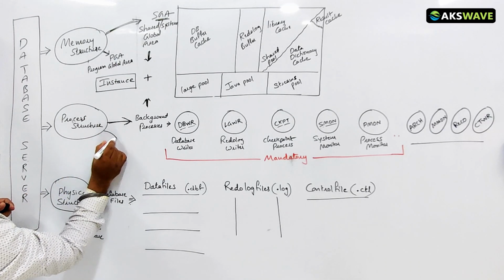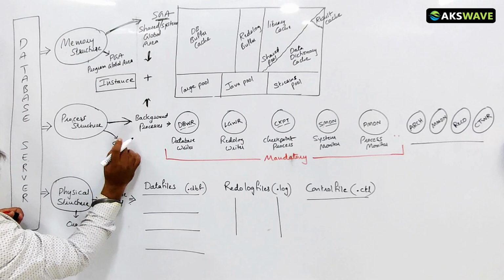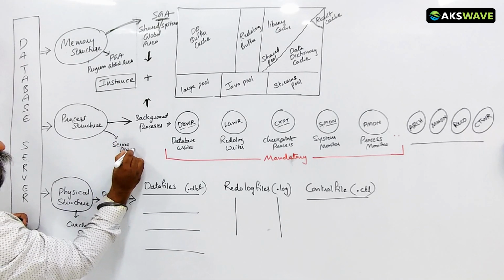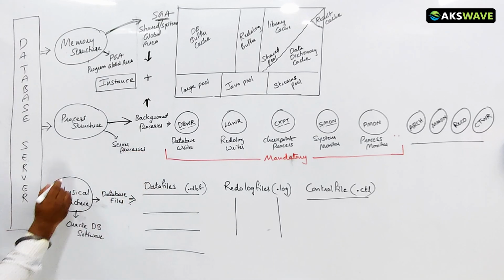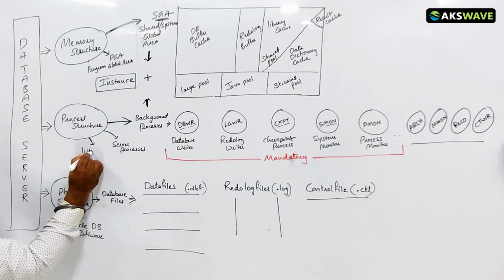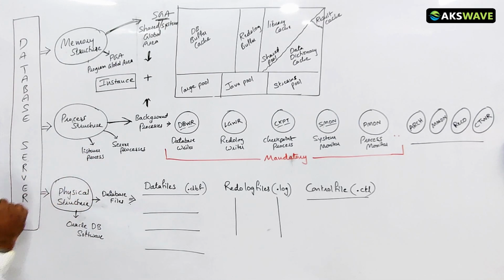Apart from background processes, you will see a set of server processes. There are some other processes also, like the listener process or processes. These are common.